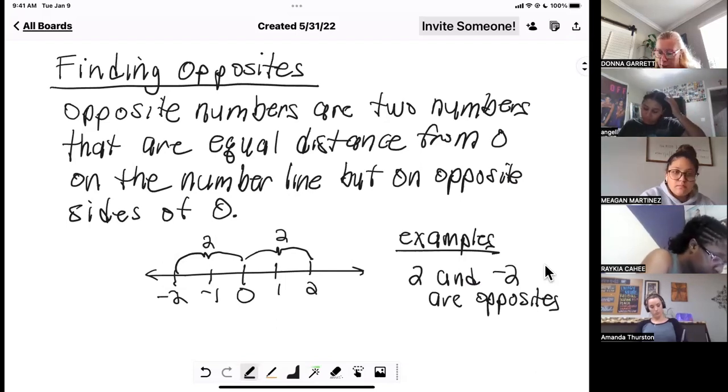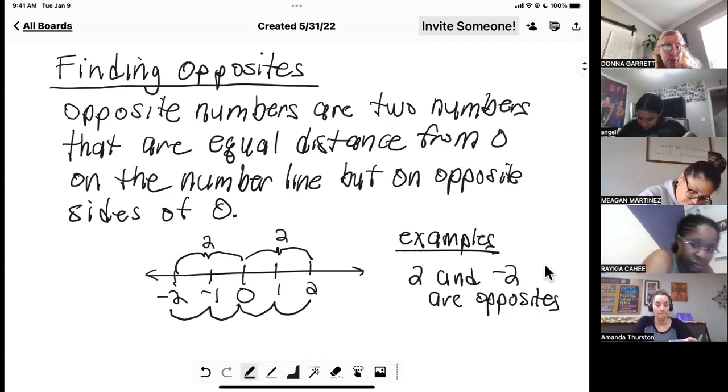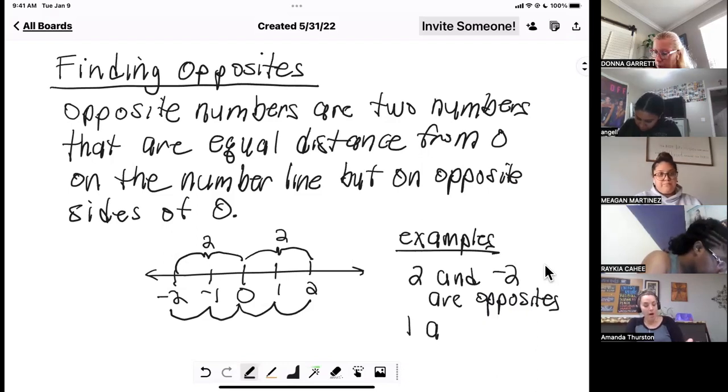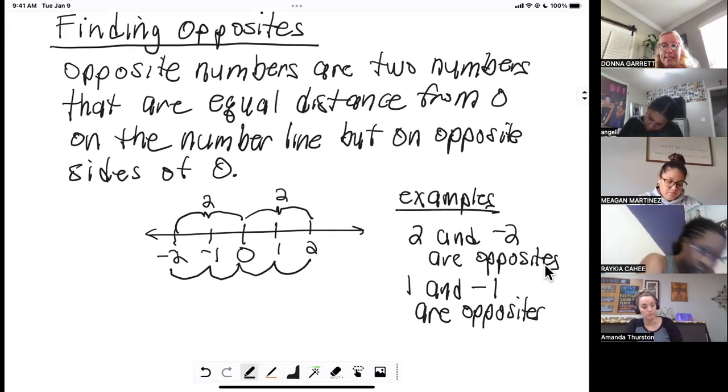If you start from 0 and go to the right 2 spots, you're at 2. If you go to the left 2 spots, you're at -2. That's why they're considered opposites. You can say that for all the numbers on the number line. So 1 and -1 are opposites. Basically, an opposite is the same number with different signs.